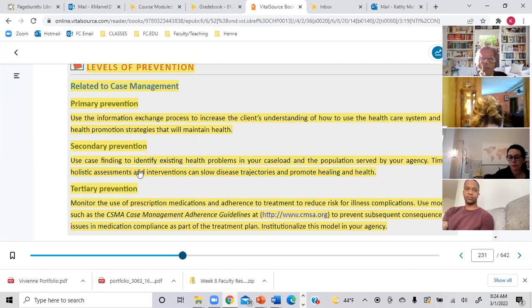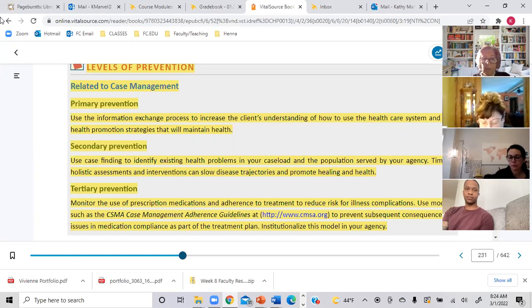Secondary: use case findings to identify existing health problems in your caseload. Timely holistic assessments and interventions can slow the disease trajectories. So what are we doing here? Early identification.